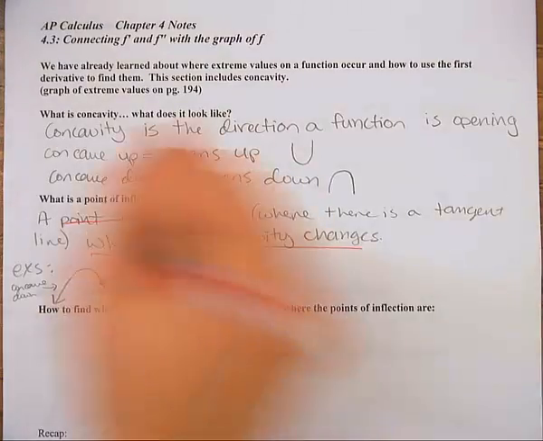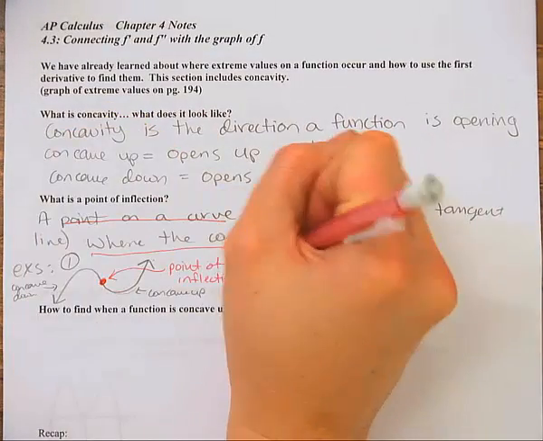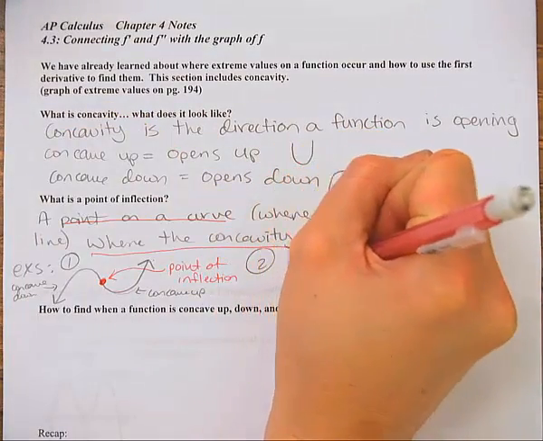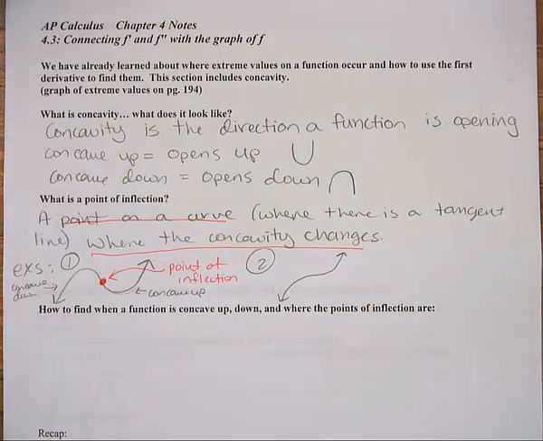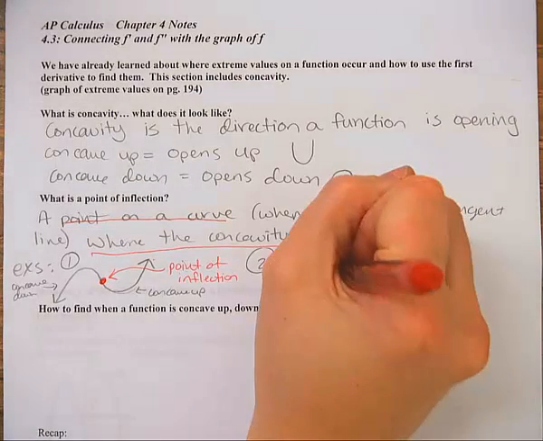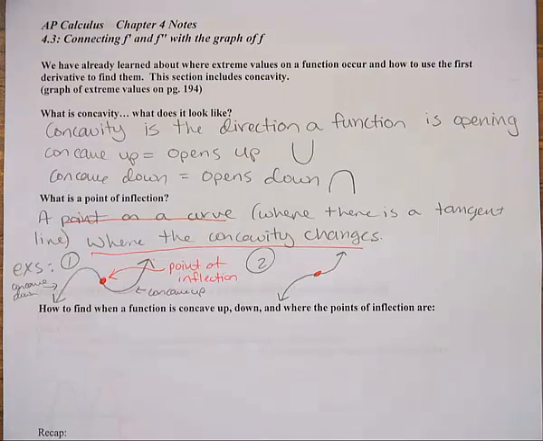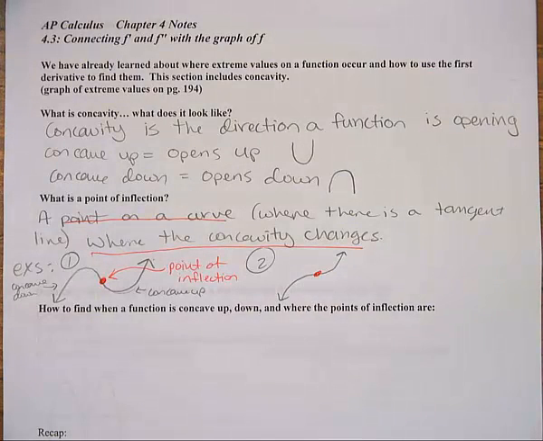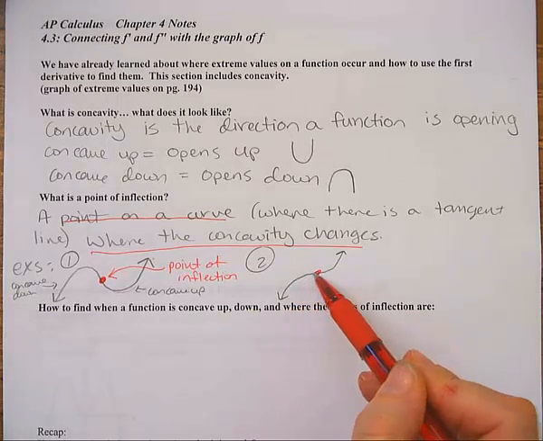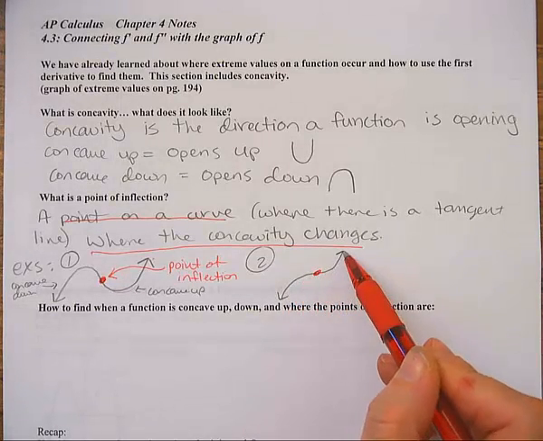Now, they're not always so obvious like that. Sometimes they're a little bit flatter, like in this example, where the concavity is not as obvious. This is an example where a point of inflection would happen at a horizontal tangent line. So it's flat right here, not as obvious, but the concavity still changes. It was concave down and then it changed to concave up.